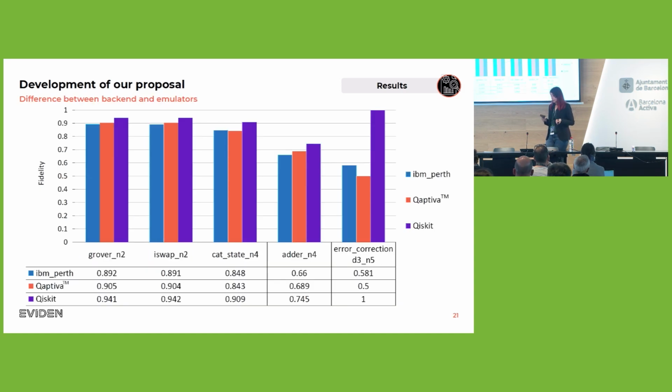This graph shows the differences between backend and emulators. Backend represents IBM Perth in blue. I don't know if you see, in blue. Qaptiva in orange, and Qiskit in purple.